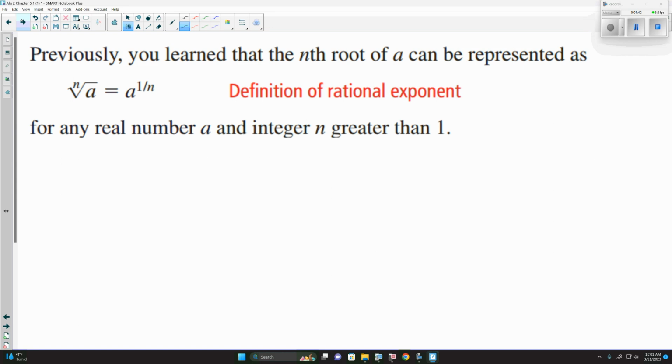Previously, you've learned that the nth root of a can be represented as a to the 1 over n.